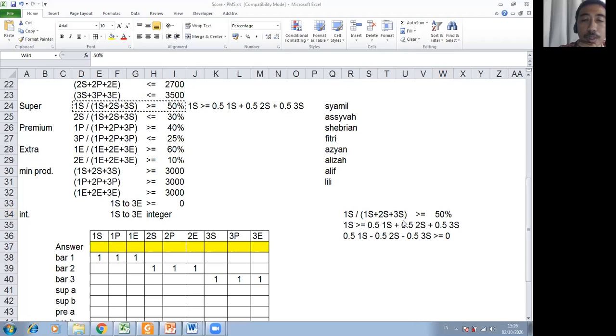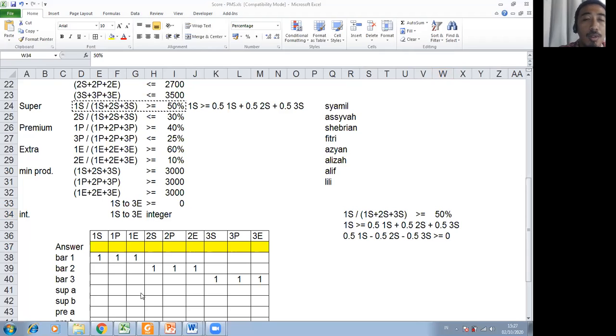And then you move this to the left, so the positive becomes negative. So you get 1S minus 0.5 1S, which is 0.5 1S, minus 0.5 2S, minus 0.5 3S, more than or equal to 0.